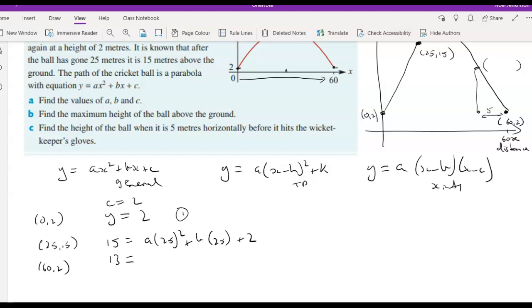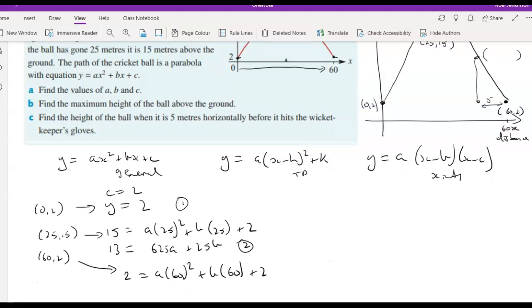So 25 squared becomes 625a, I think, and 25b. That's equation 2. To get equation 3, we sub in the 2 for the y, and we get a times 60 squared and b times 60, x is 60, plus 2 there.